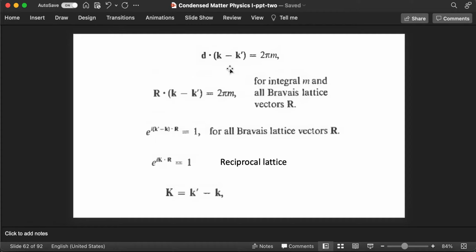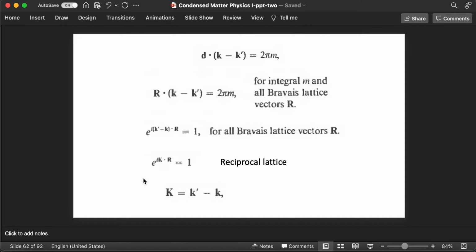And if d is actually a Bravais lattice vector, then I can reformulate it by raising it to the power of the exponent like that. And in the previous class, we said that the condition for the reciprocal lattice is e to the power i K dot R equals 1, where capital K is a reciprocal lattice vector and capital R is a Bravais lattice vector. And so you can immediately write that k prime minus k is a reciprocal lattice vector.